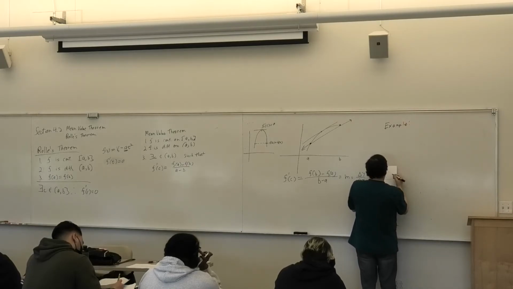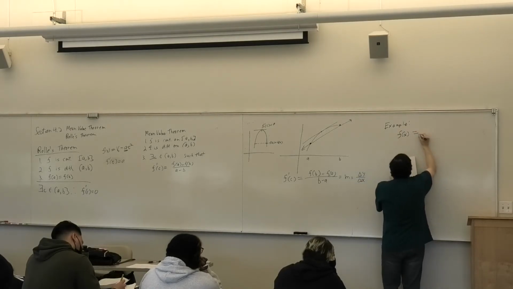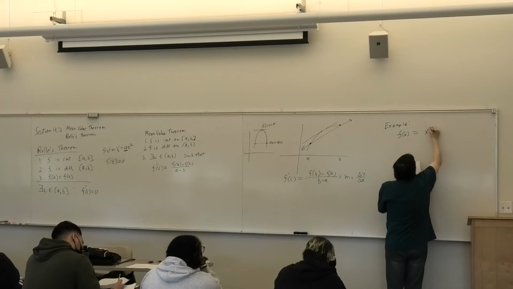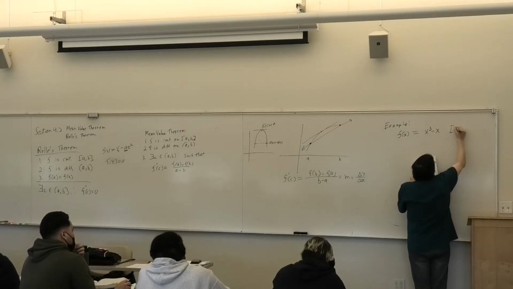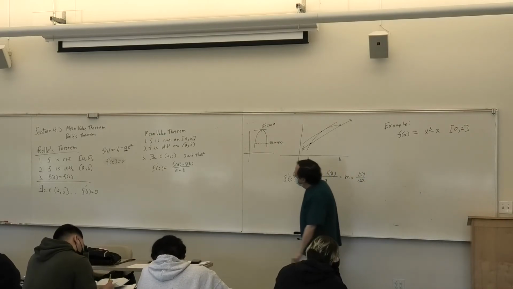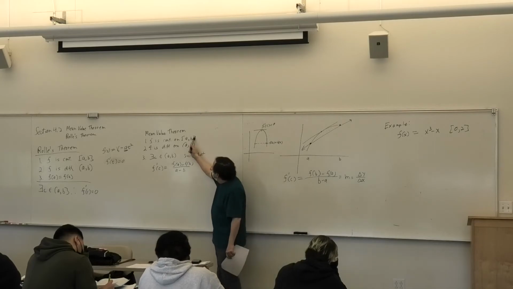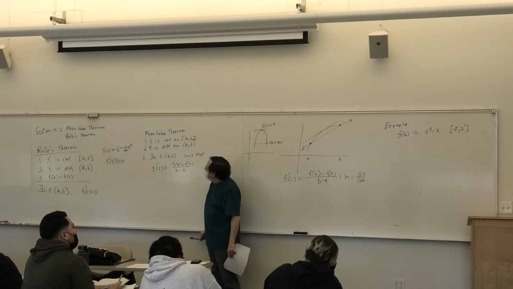So, for example, we have f of x equal to x cubed minus x, defined on the interval 0, 2. Well, let's see. It's a polynomial, so it's continuous on that interval. It's a polynomial, so it's going to be differentiable.